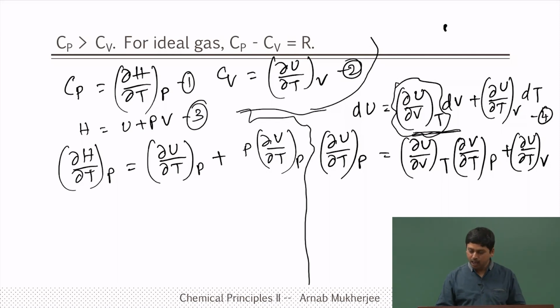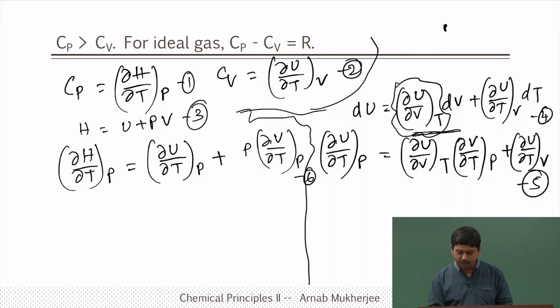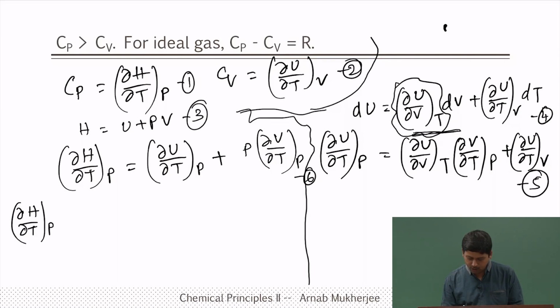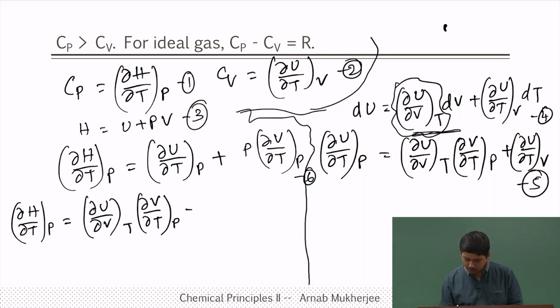Now I have to replace this equation number 5 in my equation number 6, meaning I have to replace this du by dt at constant p by this whole quantity. The space is a little less, so I will write once more here: del h by del t at constant pressure is therefore del u by del v at constant temperature times del v by del t at constant pressure, plus del u by del t at constant volume.